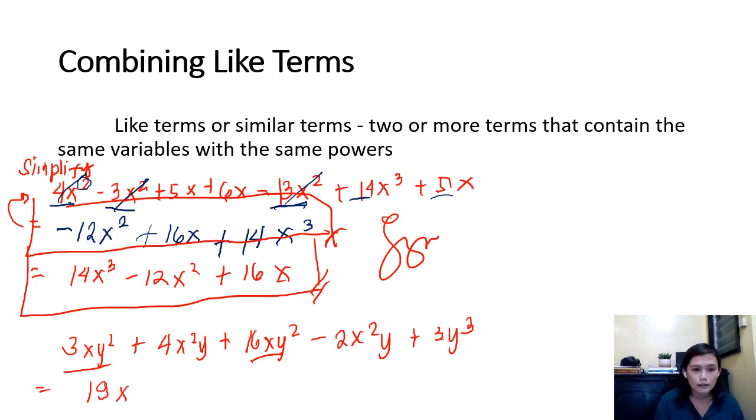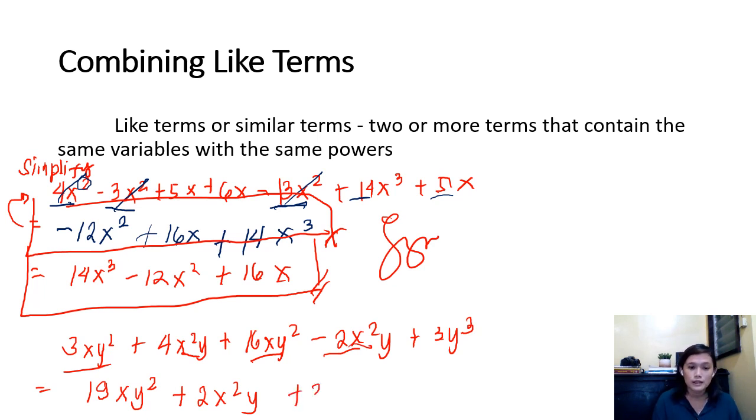So that is equal to 19xy squared. Then, what else can we add? We can subtract 4x squared y and 2x squared y. So, 4x squared y minus 2x squared y is equal to positive 2x squared y. And then, we're done with this one. We have left 3y cubed.